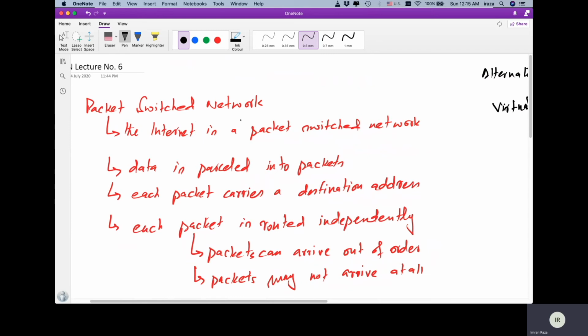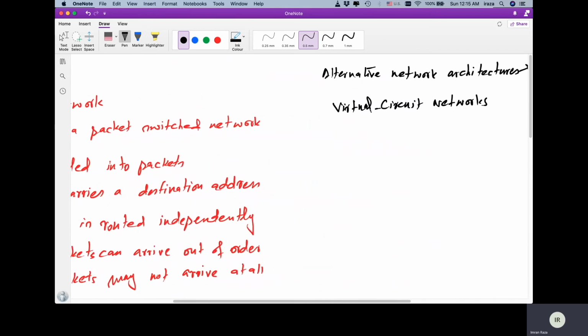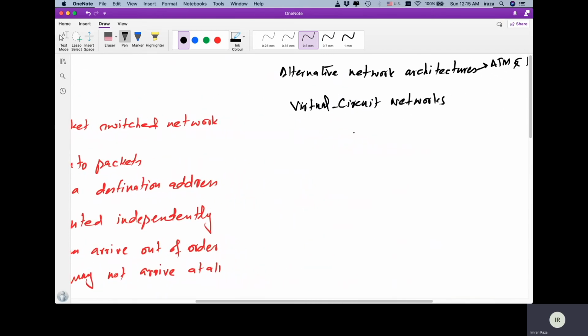So we have packet switch networks, and then we have virtual circuit networks, right? The virtual circuit networks also use connections at the network layer. These network layer connections are obviously called virtual circuits, and these networks are called virtual circuit networks, right?